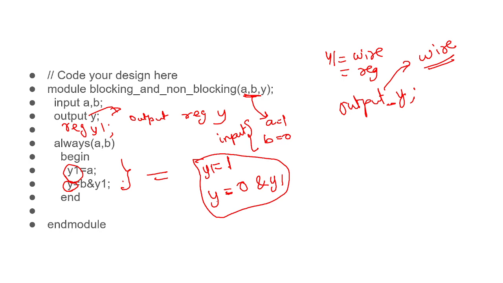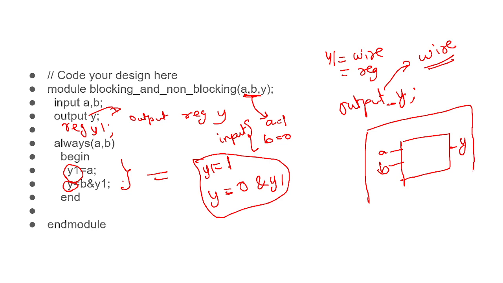Ma'am, explain this one, madam. So I am having a block where I have A, B and Y as the output. Now to this block I am instantiating and I am applying this value. So I am having a register which has A, B, and this output I am driving as output.